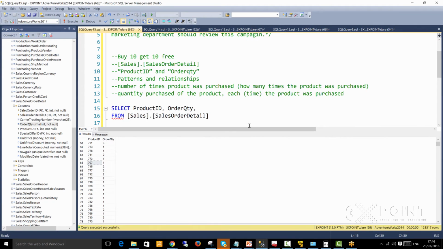All right. So the first thing that comes to mind is to count the number of times. Just count the number of times that this product was purchased. So I want to know how many times product ID 771 was purchased. How many times 773 was purchased? How many times 778 was purchased?